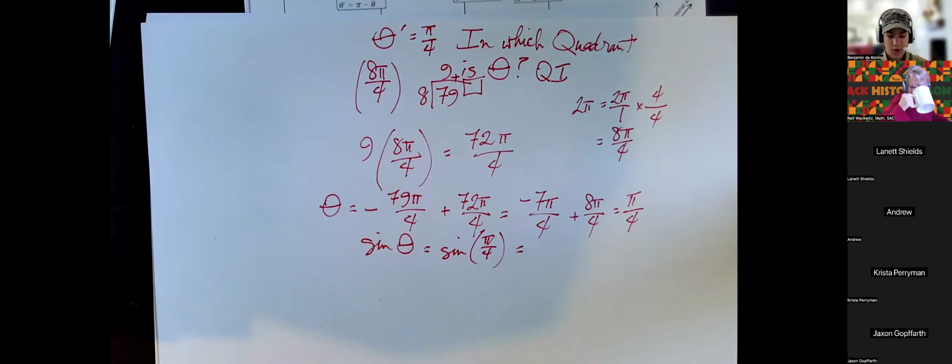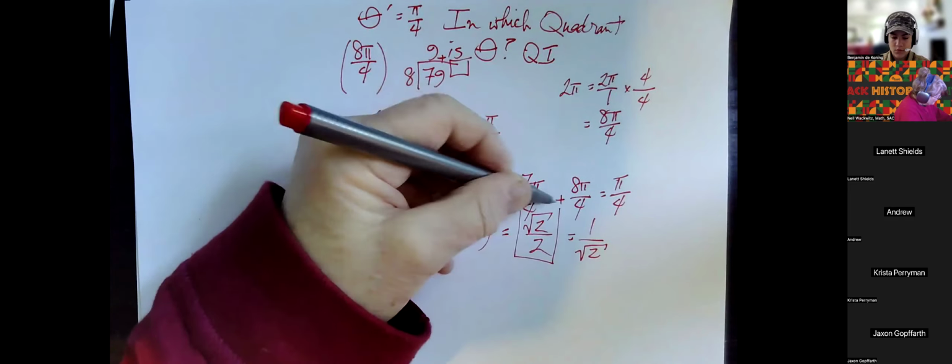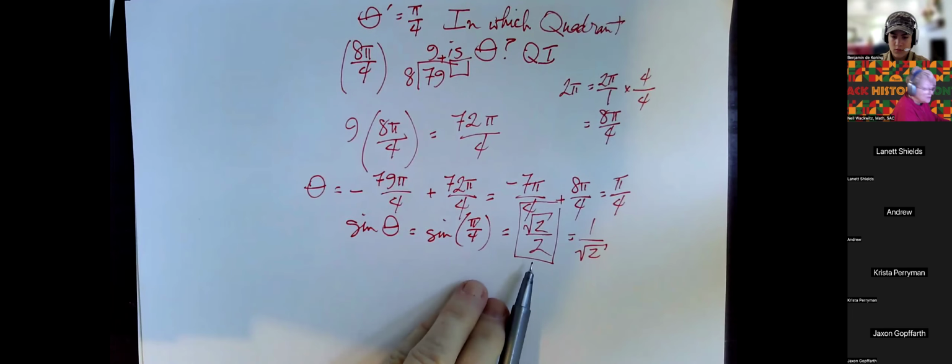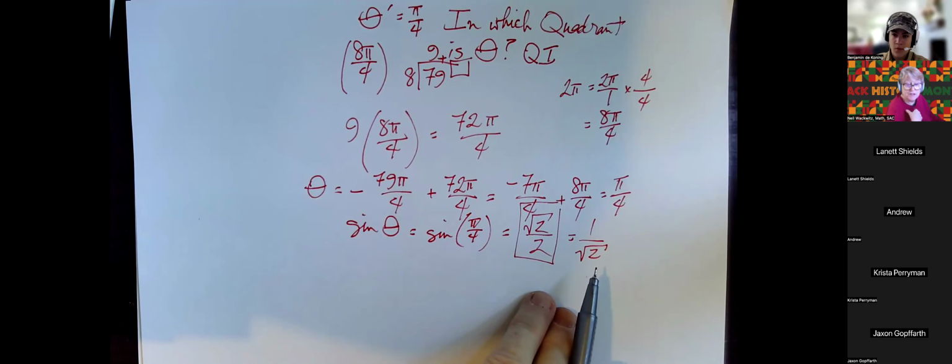Square root of 2 over 2, and then 1 over the square root of 2. Good. The reason why we want both ways is that Alex will only accept square root of 2 over 2 for the sine and the cosine. But when we're taking the reciprocal of sine and cosine, the second form is much easier to use.